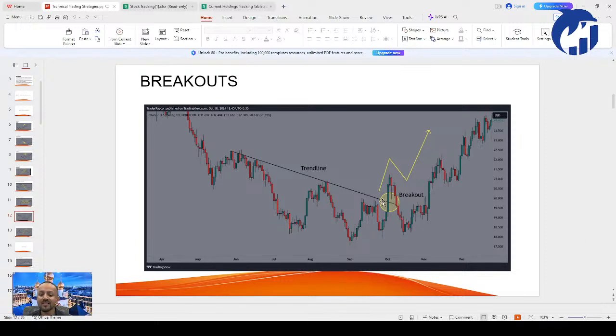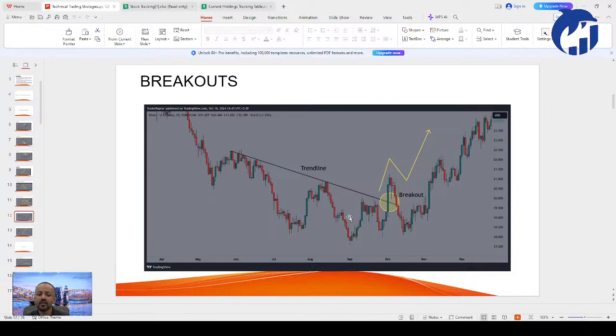The moment price breaks out, as you can see my mouse, the circle indicates the place where the price took out the trend line, right? The trend line had been holding, respecting. Price had been respecting the trend line, but the moment price closes out, the market sentiment shifts. Now, for this particular example, it was a bear trend line, right?